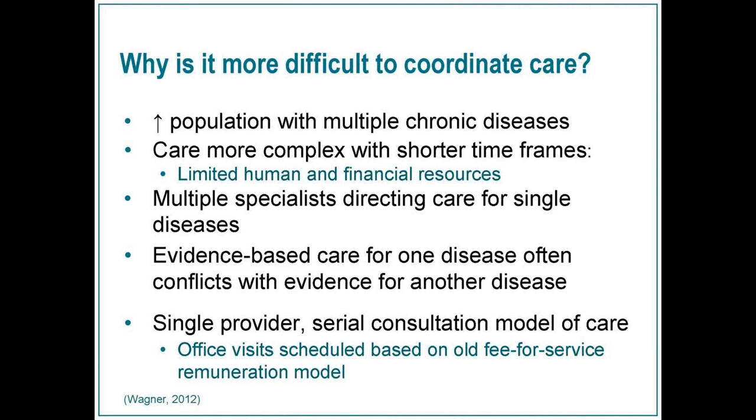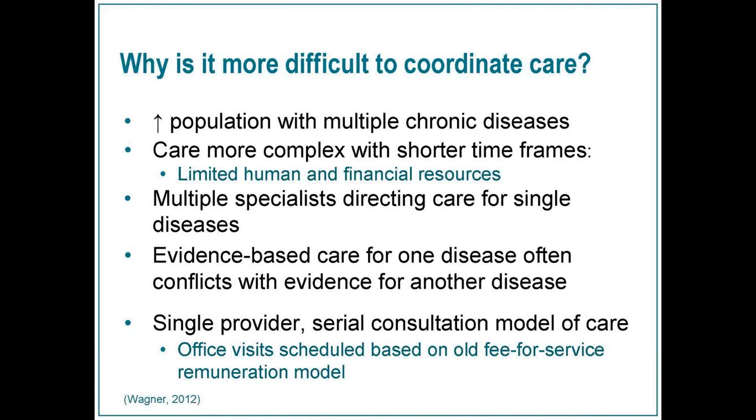And we know that evidence-based care for one disease often conflicts with evidence-based care for another disease. So if you actually do evidence-based care for some of these people with multiple chronic conditions, you will cause harm and possibly death to them. So we need to have models that really look at ways to integrate evidence-based care for multiple conditions.